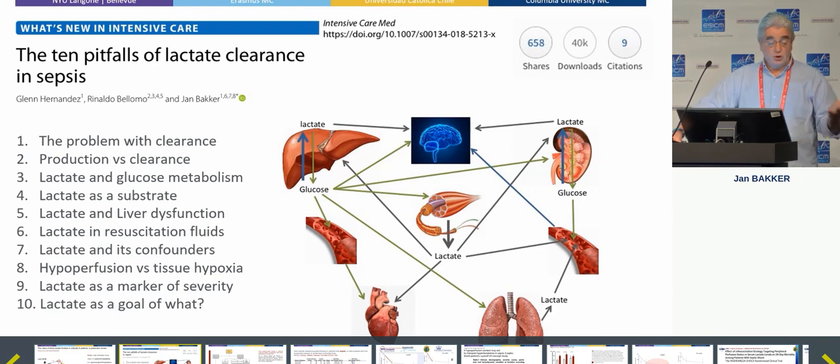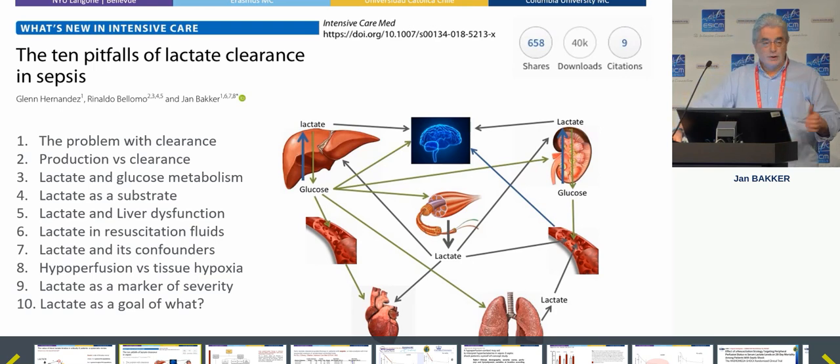So there is production, there is clearance, and so if the clearance is impaired, then you will have higher levels, and clearance doesn't necessarily need to be impaired related to circulatory dysfunction. There can be liver dysfunction, and of course, liver dysfunction has its own prognostic value.